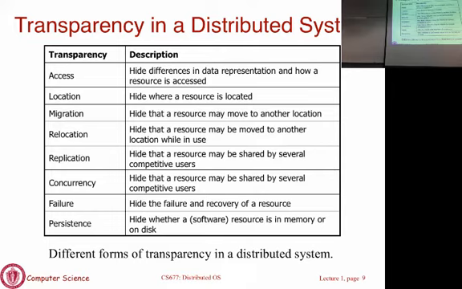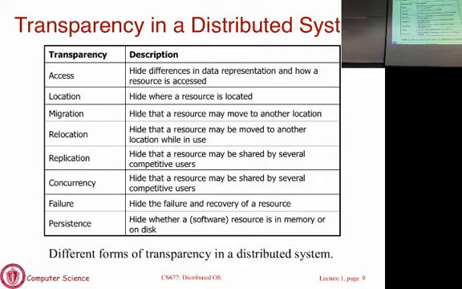Clearly, that would not have been a good design decision, but that's where you made the replicas visible to the user, and you're making the user pick which replica to use to service the request.